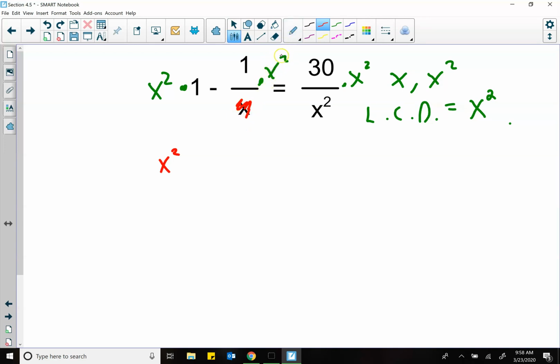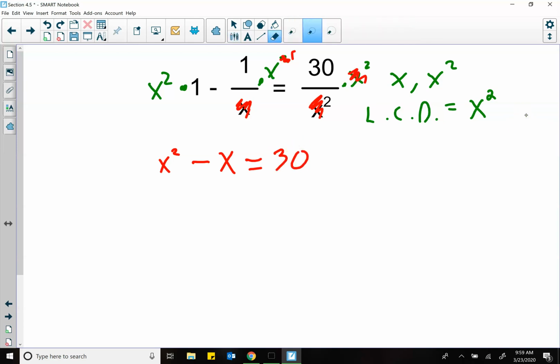This guy won, leaving you with only 1x left, because this x took out one of those two x's up above. So we've got minus, what's 1 times x? X. Equal to, well, these two are just going to take each other out. Okay? And all we have left there is 30.